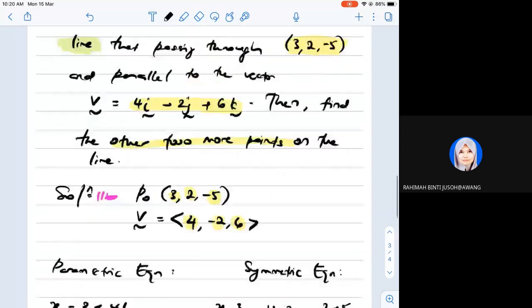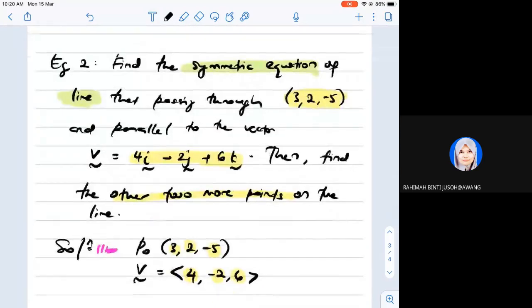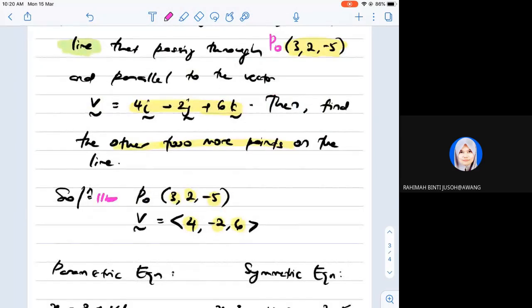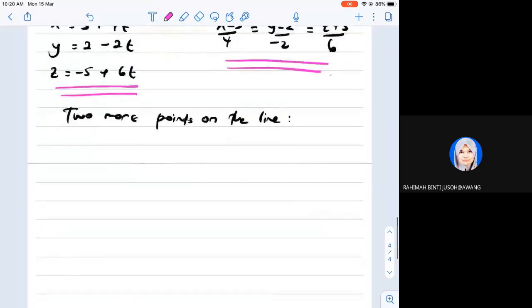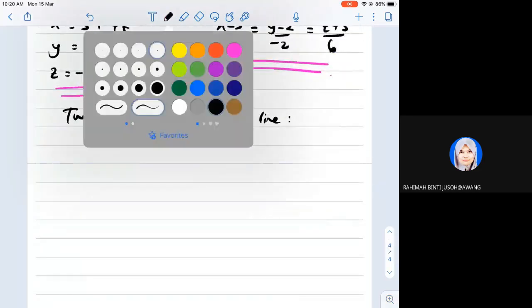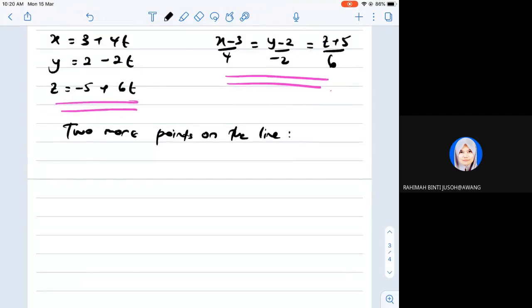You get back P naught. Yes, very good. We get back the original point P naught, which is wrong because the question asks you to find the other two more points. So you can substitute any value of t except 0 for this question.